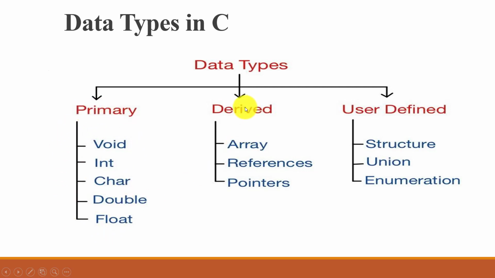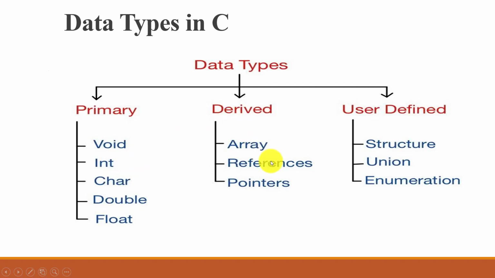Under derived data type come array, reference, and pointer. These data types can be made by using the primary data types only.